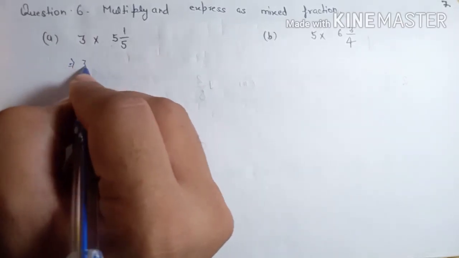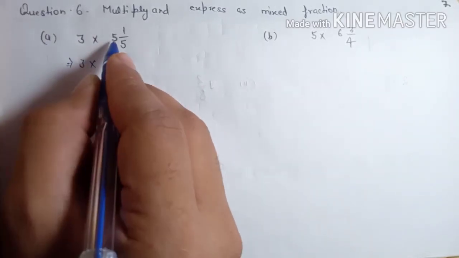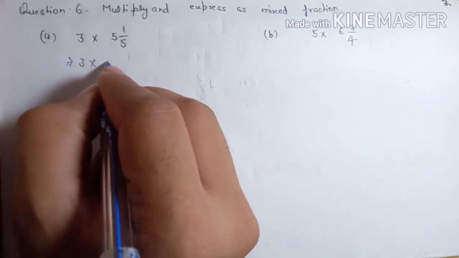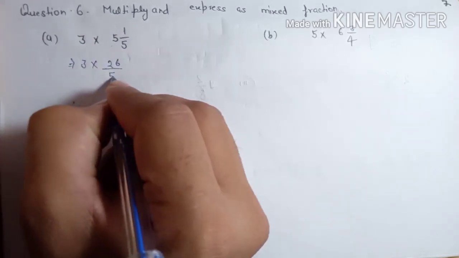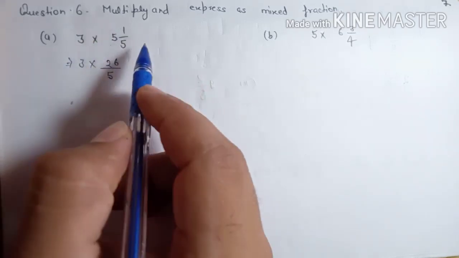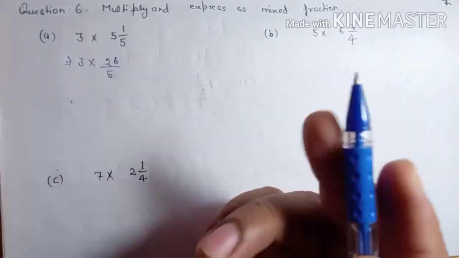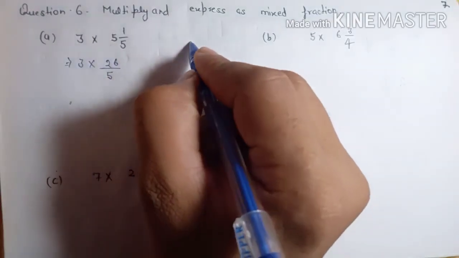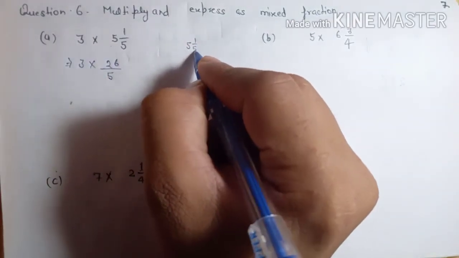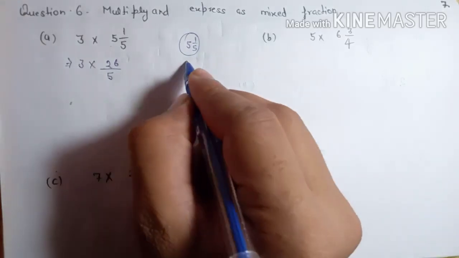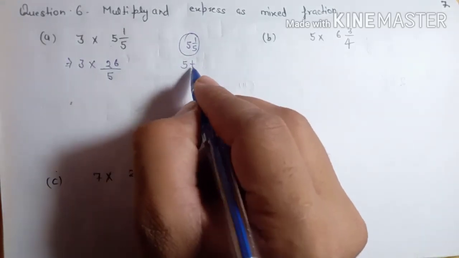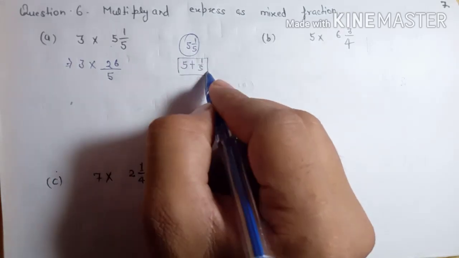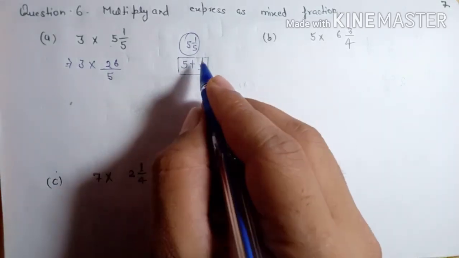So 5 times 5 is 25, and 25 plus 1 is 26 upon 5. How to change this mixed fraction into an improper fraction? If it is 5 whole 1 upon 5, write 5 and write plus 1 upon 5. Now add these two and you will get 26 upon 5.